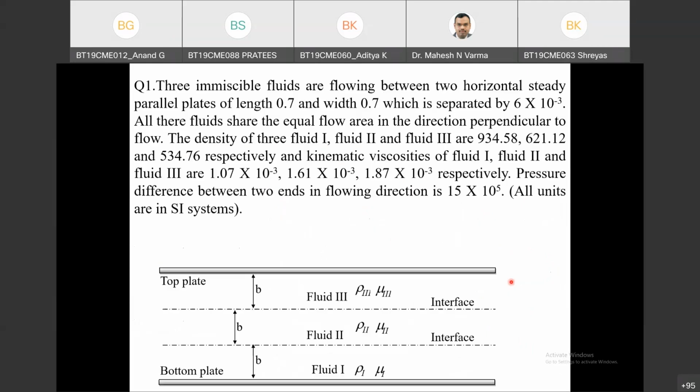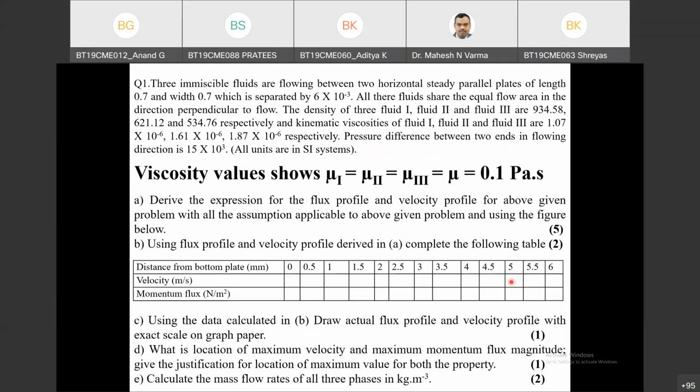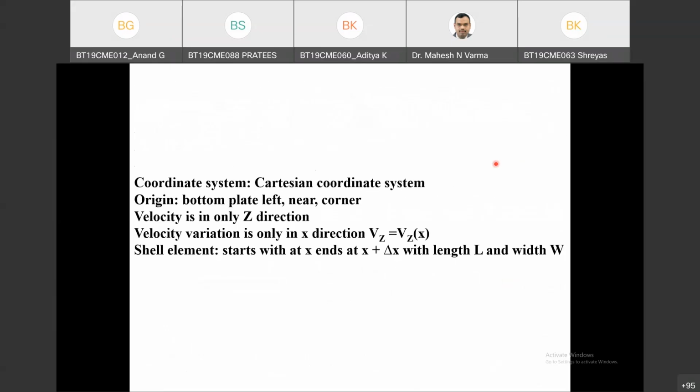This shell balance will be exactly similar to the previous problem, and in fact easier as compared to the previous problem. Only a Cartesian coordinate system is needed. The origin can be the bottom plate, near a corner; anywhere you can take, it doesn't matter.